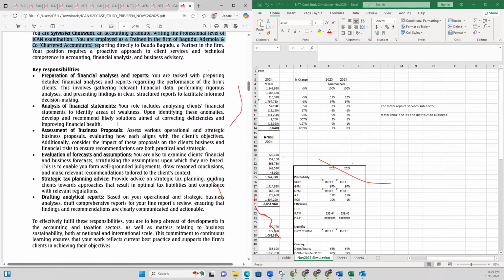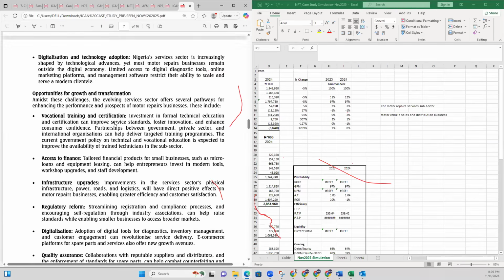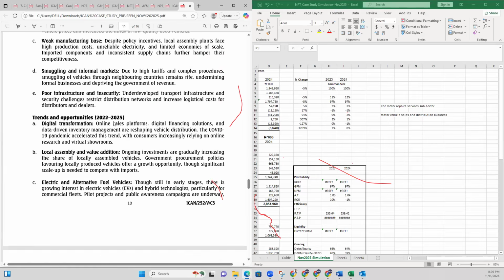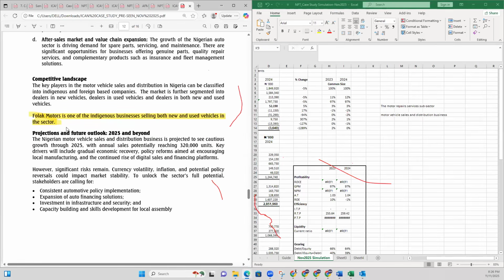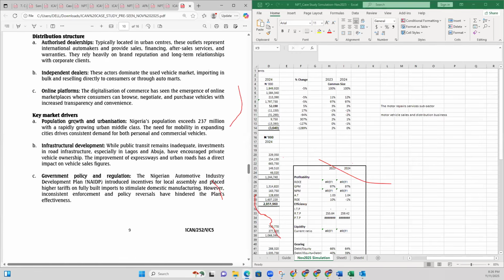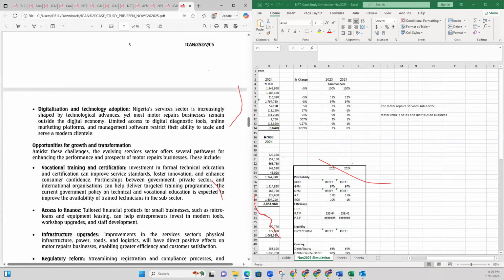And at the end of the day, they have not mentioned any company. They haven't given us information about any company. The only place we are seeing a company now is the fact that they said, no, it must have been mentioned before now. Let me go and look for where the mention was made.